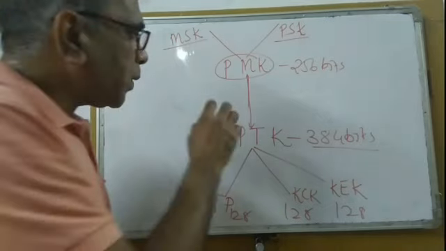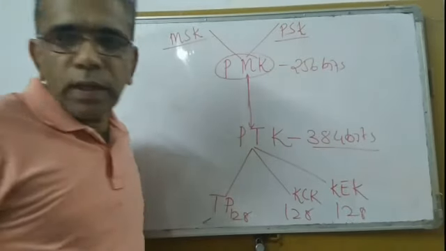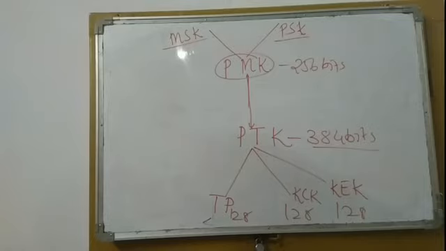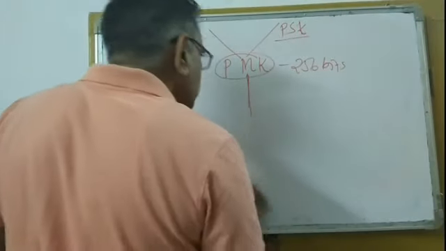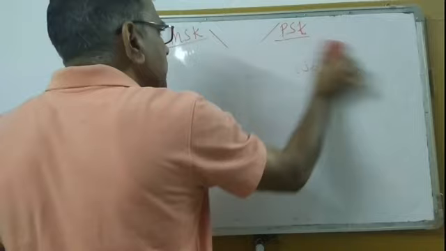For that purpose we need the support of these keys. So these three keys will be used for secured communication: the temporal key, KCK and KEK.